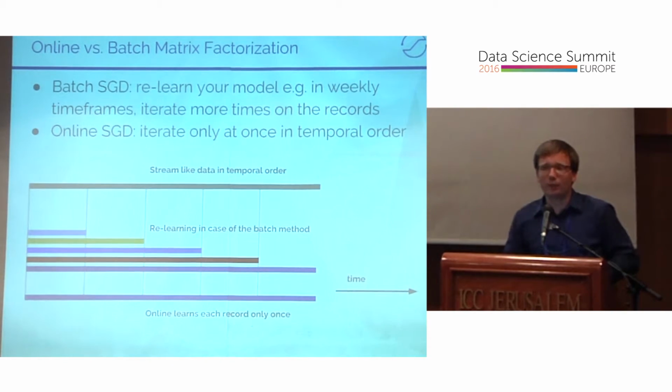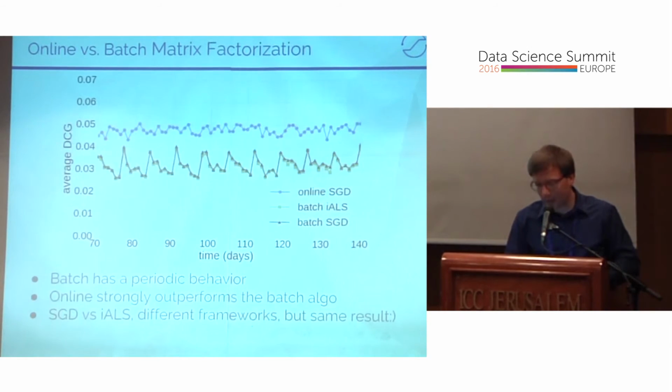We compare to this a very simple online learning method. We have seen that SGD iterates one by one on the data set. So why not do the following? Just iterate once, one by one, in temporal order on each record. So this is going to be another algorithm, the same matrix factorization model, but with a very simple, different algorithm to learn. And here are the experiments.